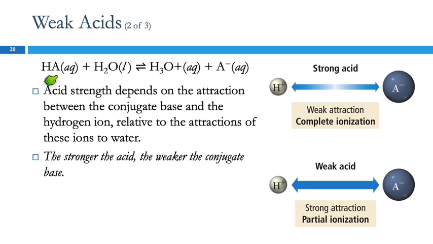So here, HA, if the attraction between H and A is very strong, then it's not likely to give up many of its hydrogen ions to the water. And so then this is a weak acid because it does not ionize completely. So what's a little confusing about that is when you have a strong acid, there's a weak attraction. When you have a weak acid, there's a strong attraction.